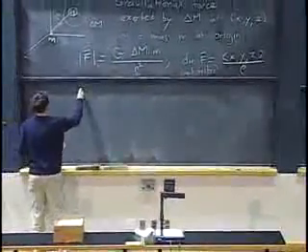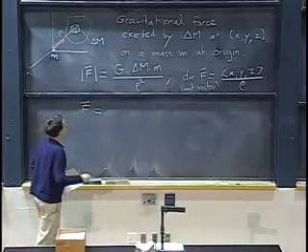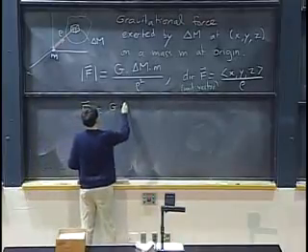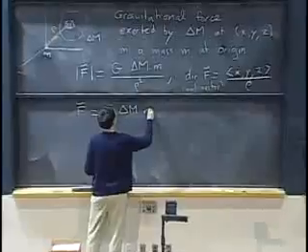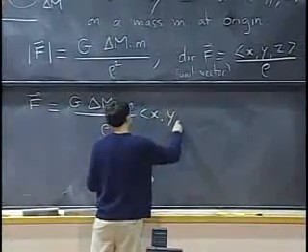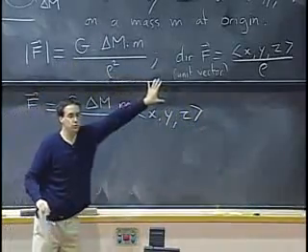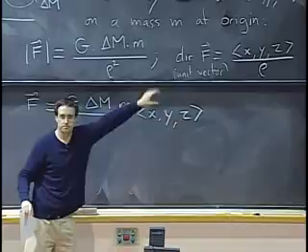So that means that the force I'm getting from this guy is actually going to be G delta m m over rho cubed times x, y, z. I'm just multiplying the magnitude by the unit vector in the correct direction.